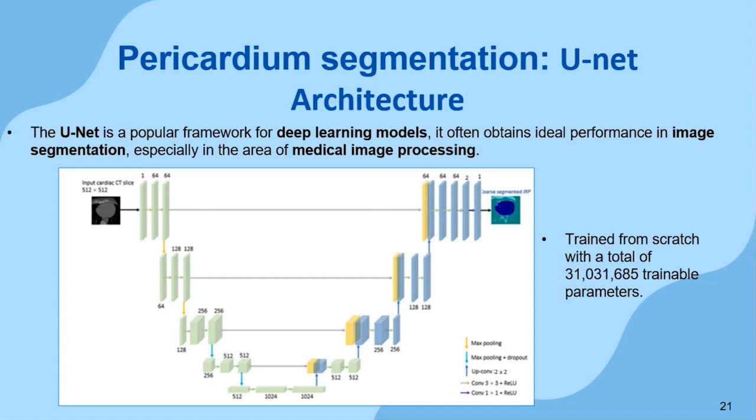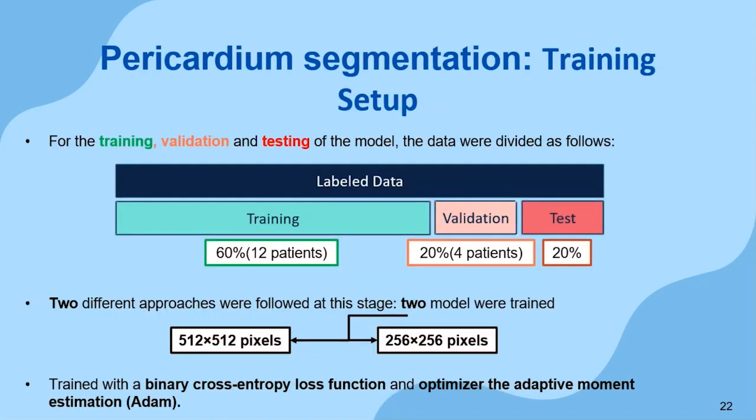To train the model, the data was divided as follows: 60% of the patients were used for training, 20% for validation, and the remaining 20% for testing. 2 different input sizes were tested to evaluate the importance of contextual information and network receptive field.